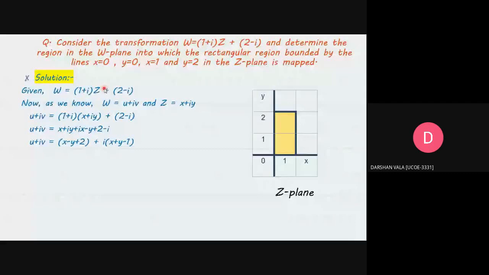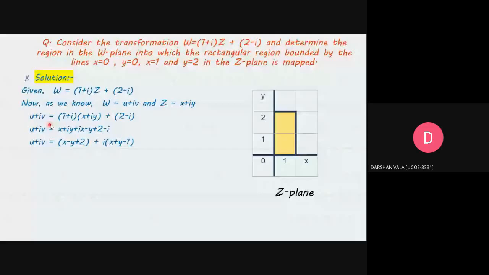Now begin with the solution. The given transformation equation is W equals 1 plus i into Z plus 2 minus i. Now we put W equals U plus iV and Z equals X plus iY in the above equation. So we get U plus iV equals 1 plus i into X plus iY plus 2 minus i.